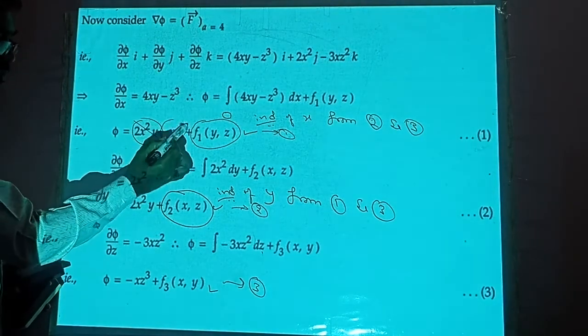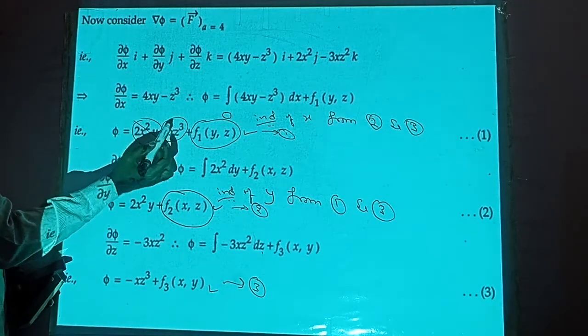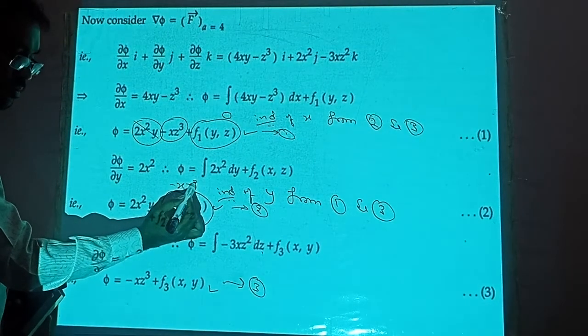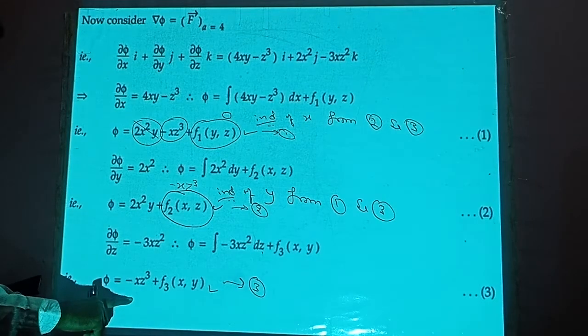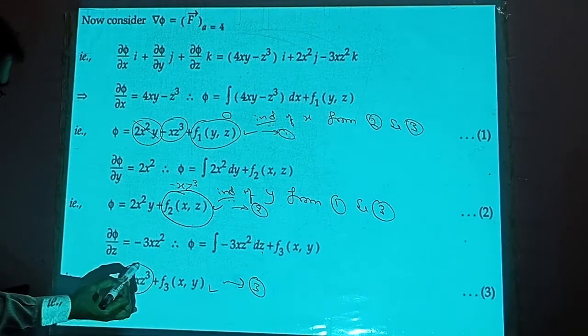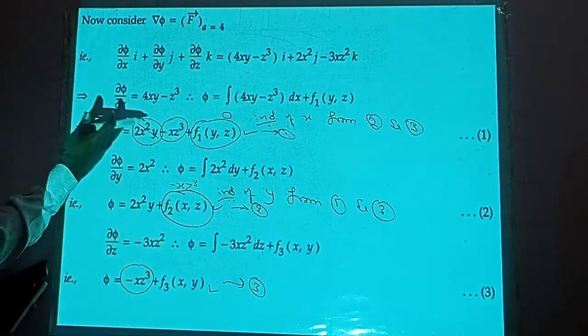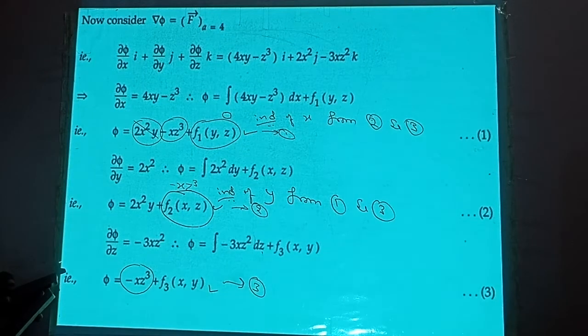So here is a term which is independent of y, minus xz cube. So we can take minus xz cube here. We got one term. And in equation 3, we have the same term, minus xz cube, which we have already taken. There are no other terms. So we got one term for this f2.